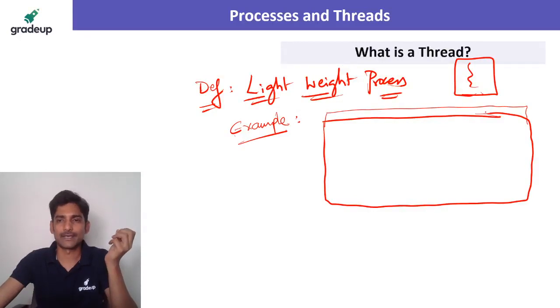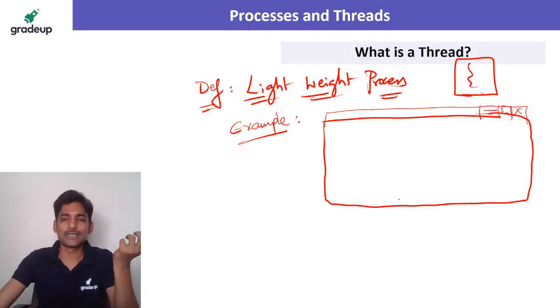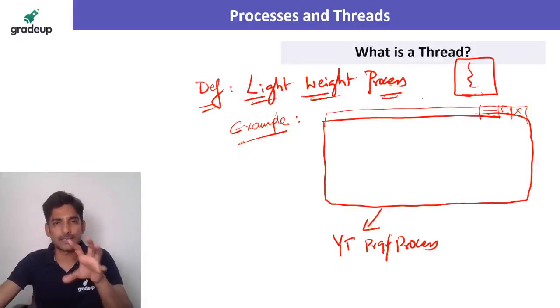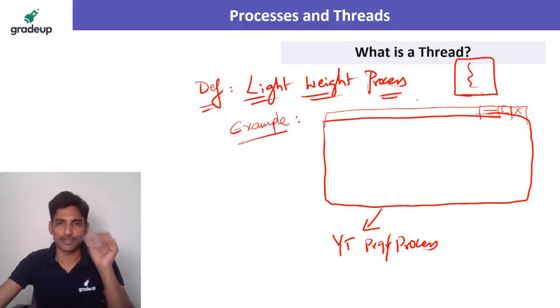Like currently you are watching my video, right? In a YouTube app you are watching. So this is the application. YouTube application means program. Whenever this gets run, this becomes process. So whatever you are looking at now, this is process.